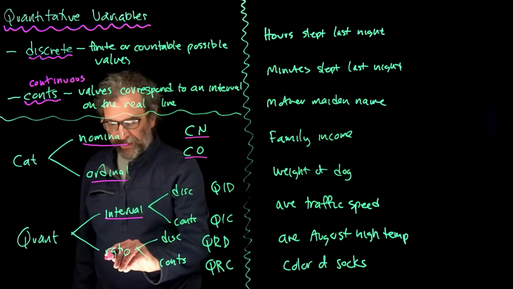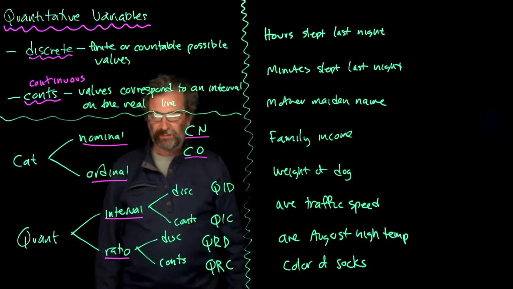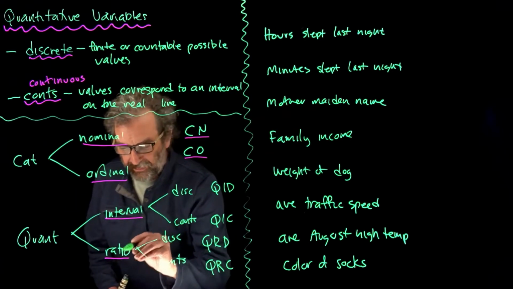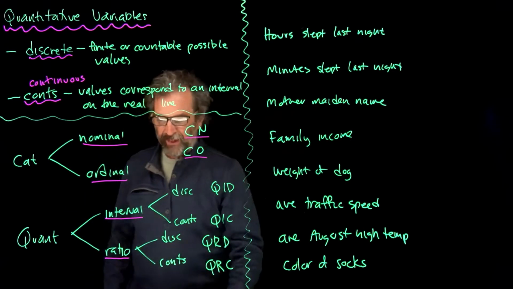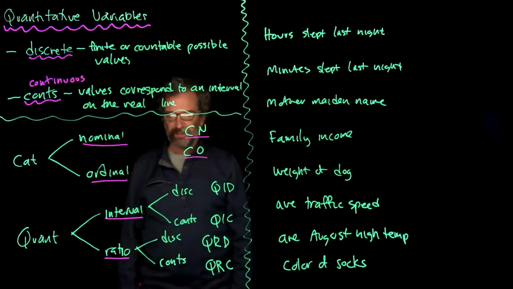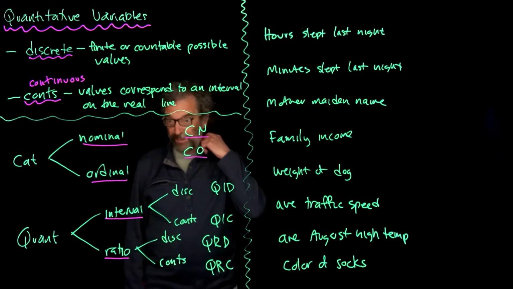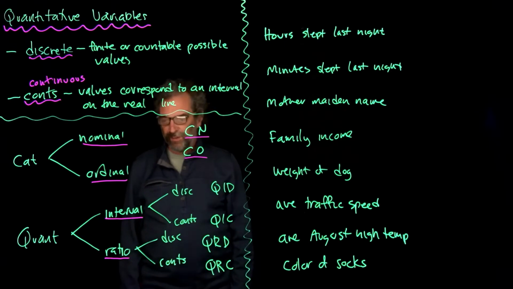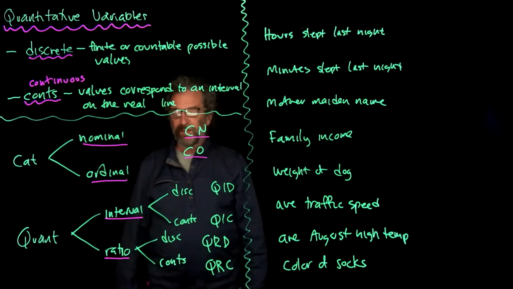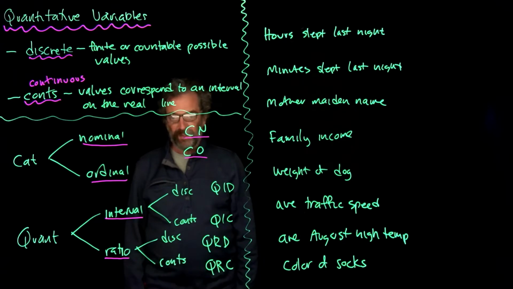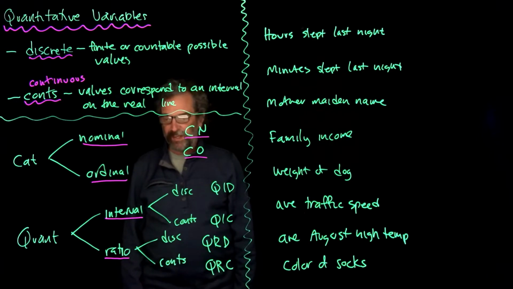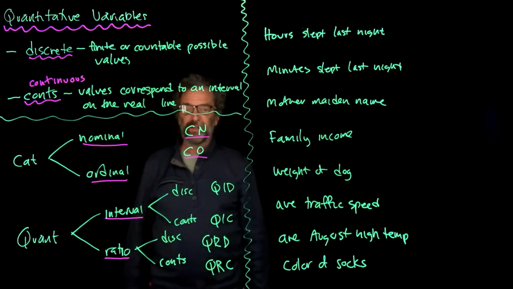And ratio is where it makes sense to take ratios of values, where there's a legitimate or recognized zero point that corresponds to nothing. So you're measuring something from zero on out. That's ratio quantitative. Interval, maybe you have units, but the zero point is arbitrary, like temperature, or measuring from the ground floor of a building, something where the zero point has been decided by humans. It's not because of the nature of the thing you're measuring.